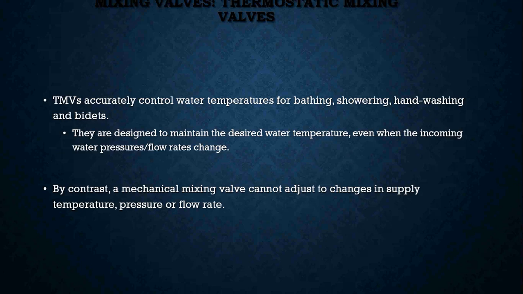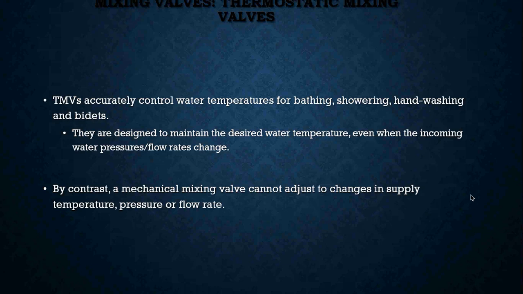Okay, mixing valves. Your thermostatic mixing valves are better known as TMVs. These are actually what controls the water temperature for bathing, showering, hand washing, and all that other stuff. Okay, they are designed to maintain a desired water temperature even when the incoming water pressure or flow rate actually changes.